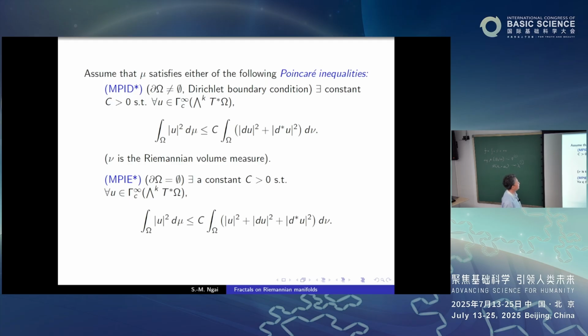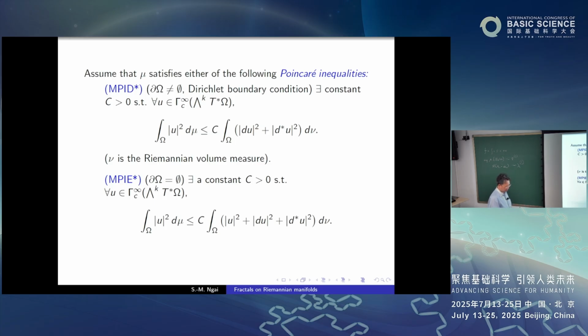So this is a kind of Poincare inequality that I mentioned earlier. For the empty boundary condition, there's an extra term because of constant functions. If we put in constant functions, then it would be zero here and non-zero here.